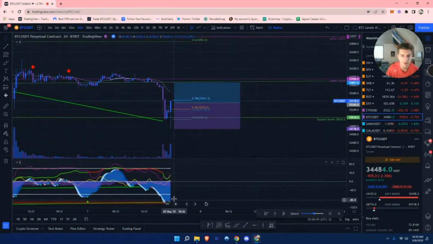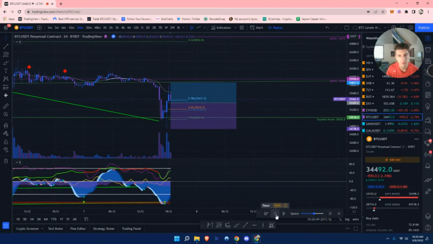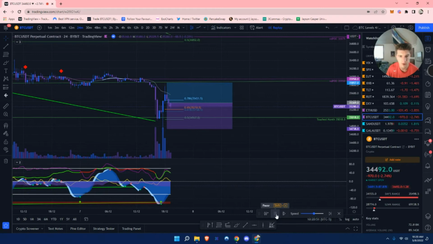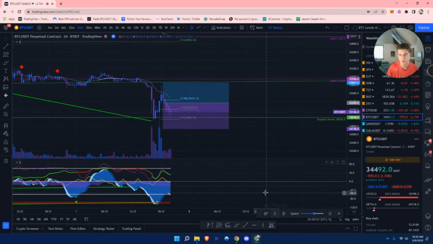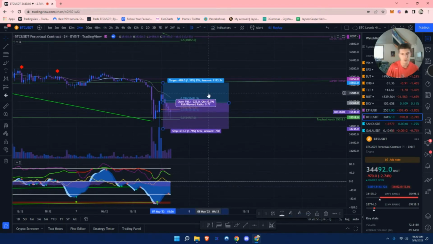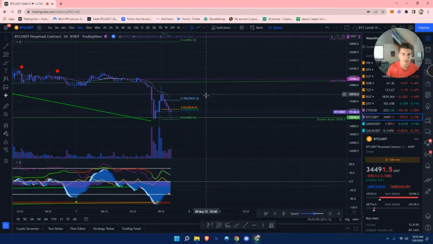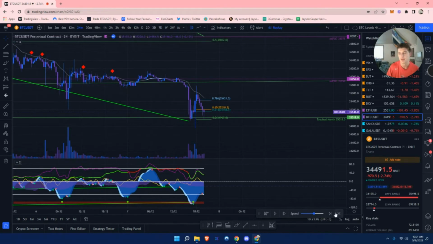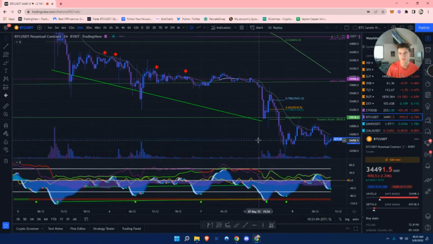I'm entering once the divergence is confirmed. This probably wouldn't have led to a winning trade, but nevertheless, it's why I don't really trade weekend price action. And really that leads me to my second point: don't trade weekends.